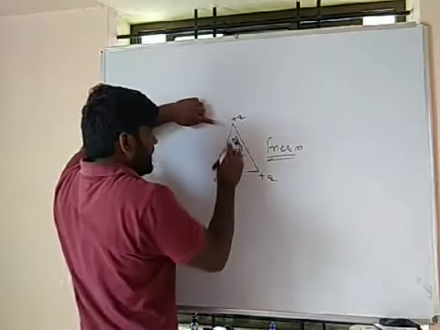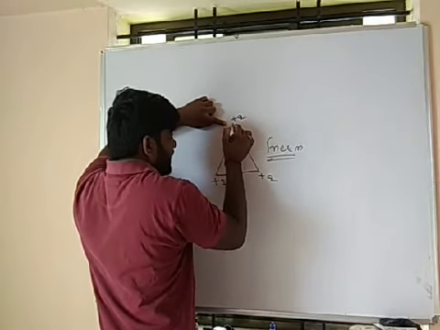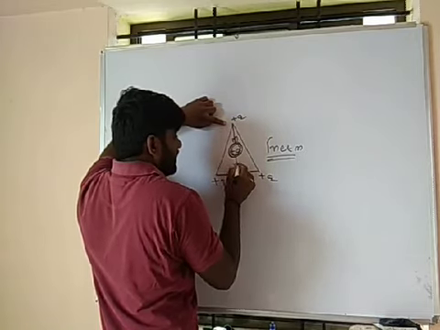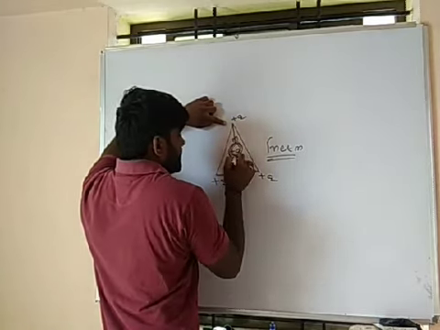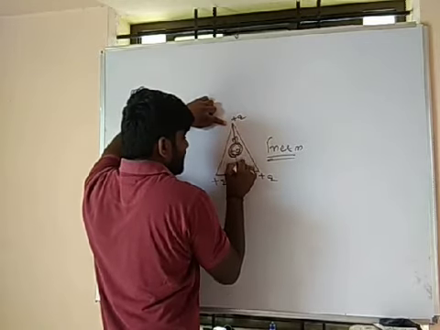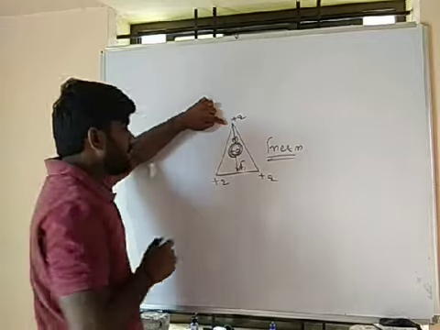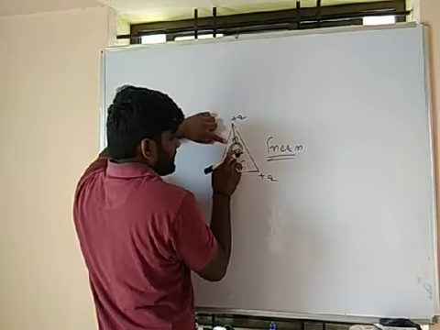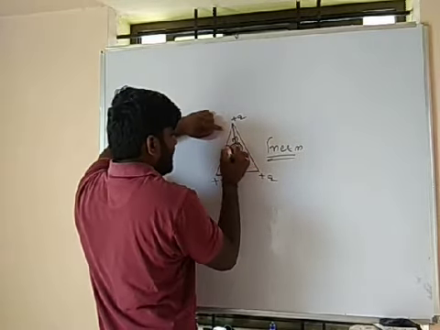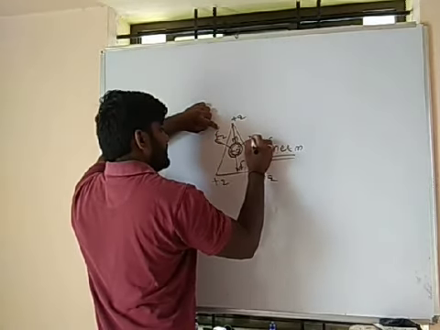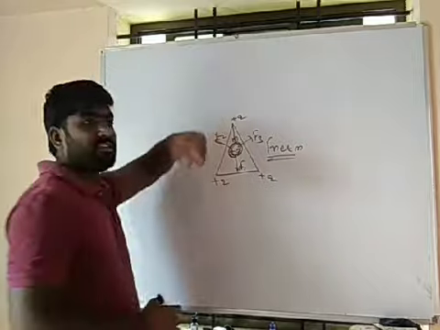See here, according to these two charges, plus, F1 will be along this direction. Then according to these two charges, plus, F2 will be along this direction. Then according to these three charges, F3 will be along this direction.